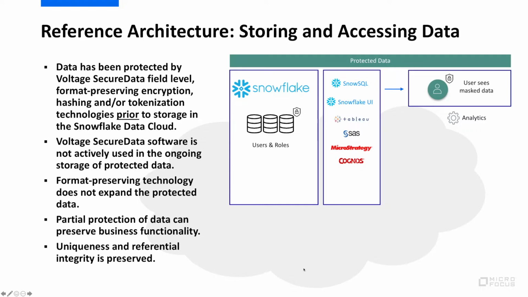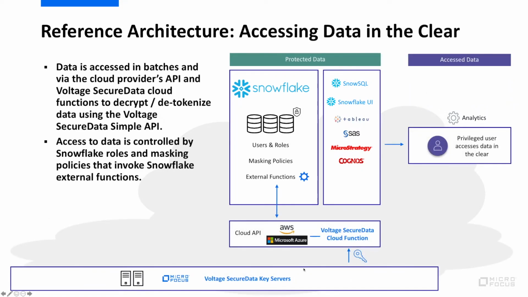And of course, the transformation of this data still guarantees the data's uniqueness and the referential integrity of the data as well. Now, when we do need to decrypt or detokenize this data for people that are allowed to see it for true business reasons, there are a number of things we can do.